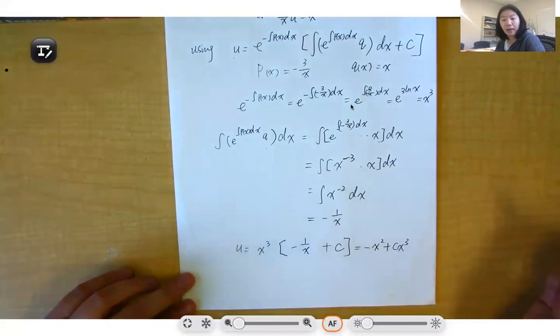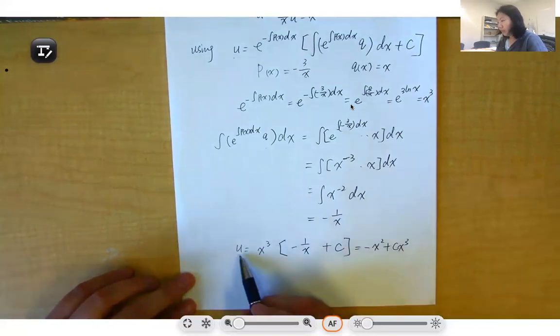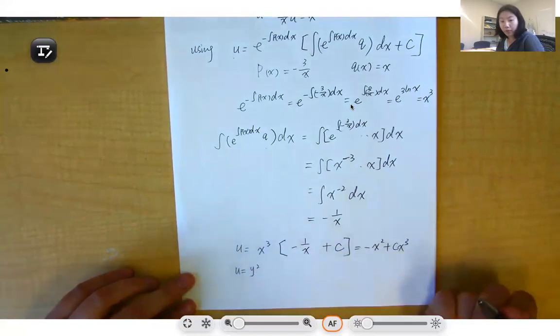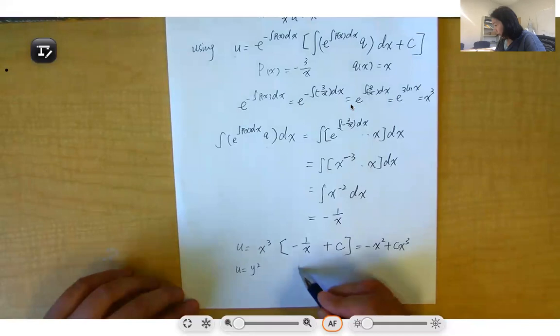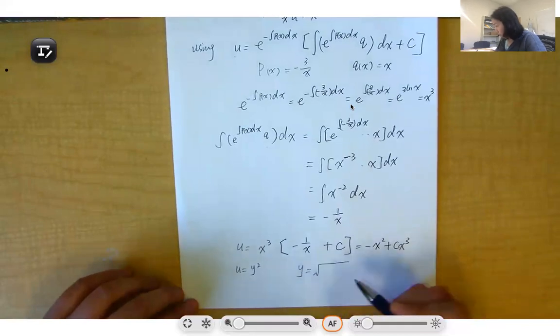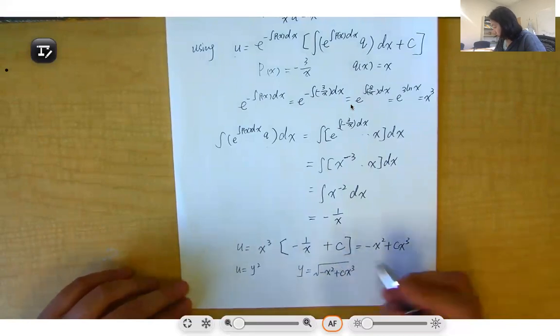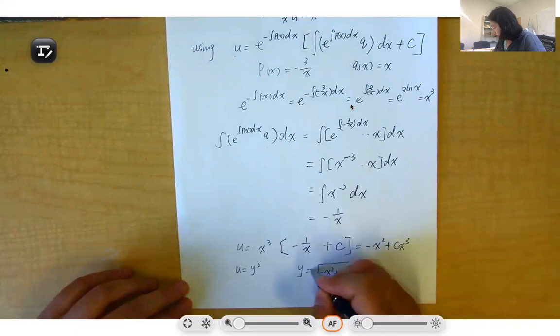And we also know that our u was from the substitution. u was equal to y squared to substitute this whole non-linear ODE. So our y in the end will be equal to plus or minus the square root of minus x squared plus c x cubed. Okay.